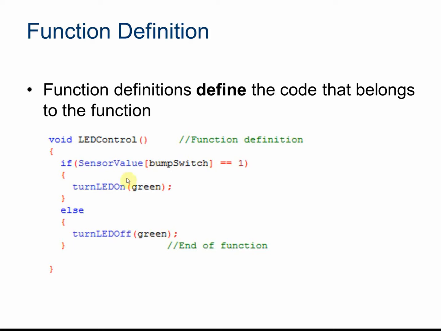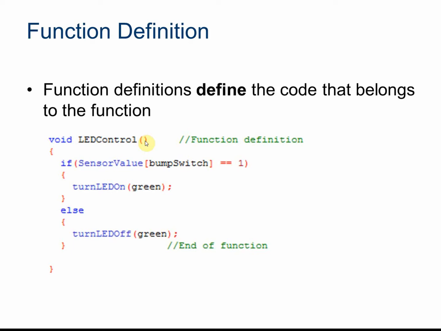So say we had some variable inside this LED control function, and we wanted the LED to only turn on if, or actually no, here's a good one. Say we want the LED to turn on if we say LED control true, and otherwise we want it to turn off. What we would do is inside LED control, inside these parentheses, I could declare a variable.